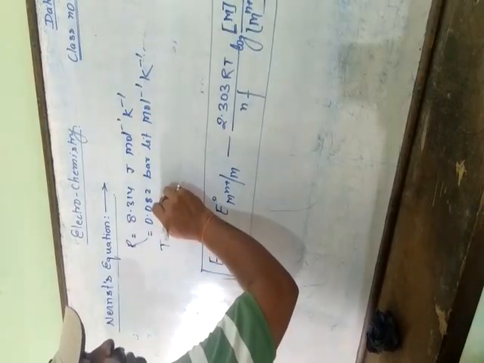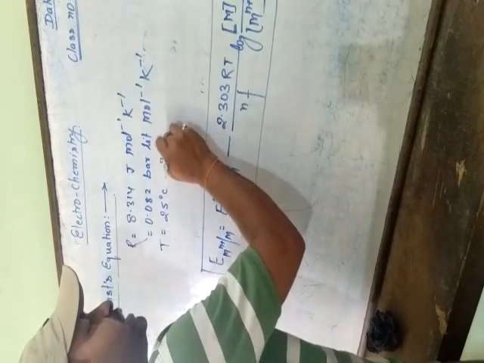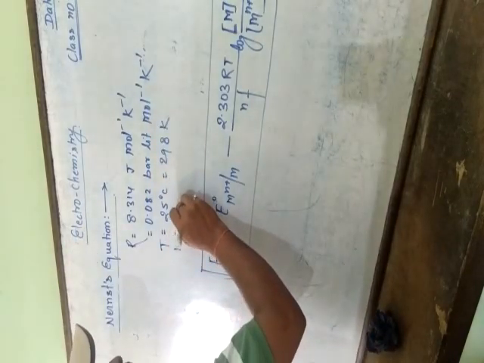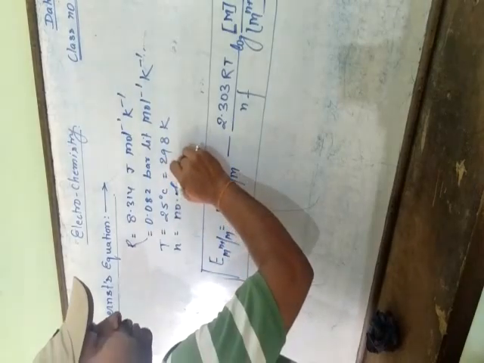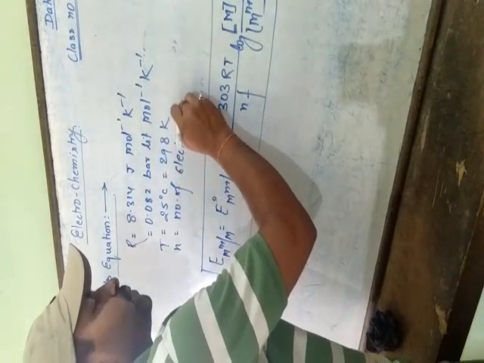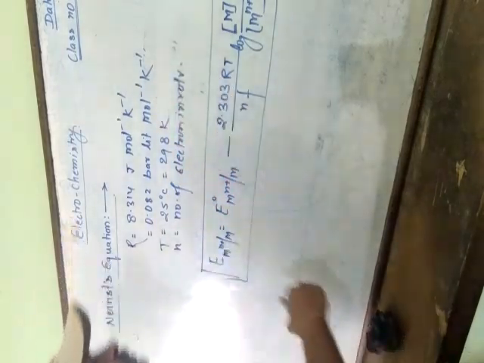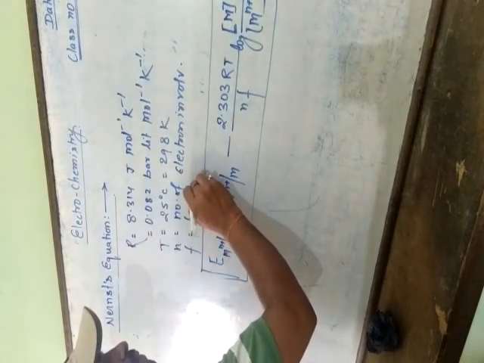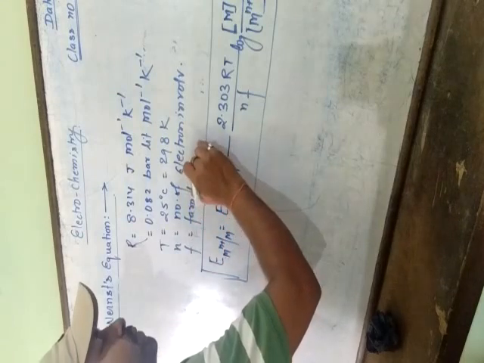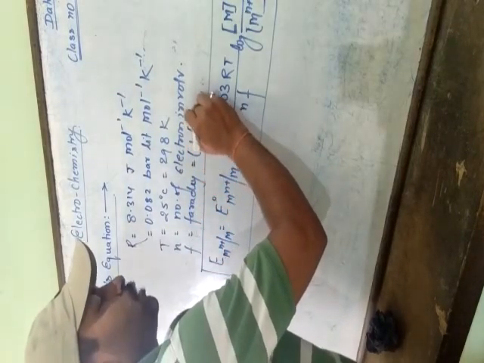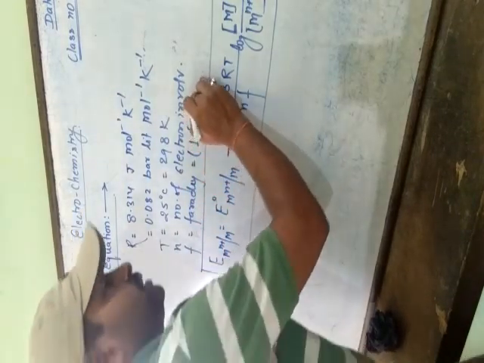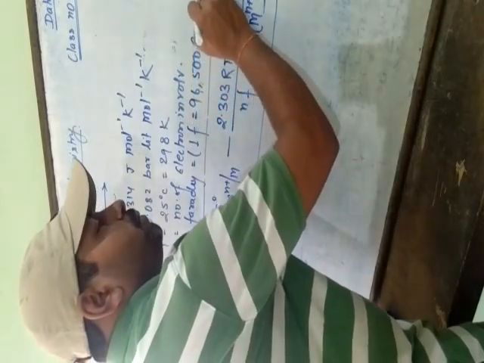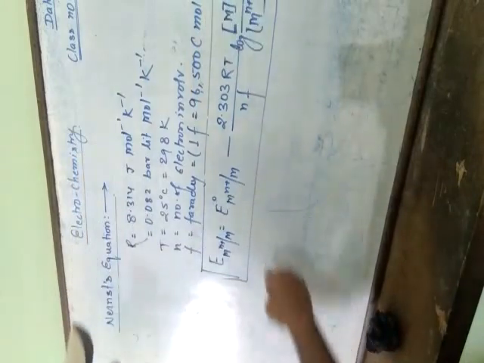Temperature is room temperature, 25 degrees Celsius or 298 Kelvin. n is the number of electrons involved. F is the Faraday; 1 Faraday equals, you remember, 96,500 coulomb per mole.